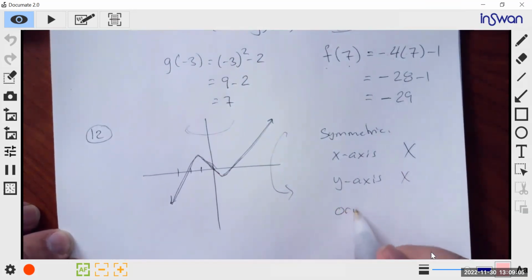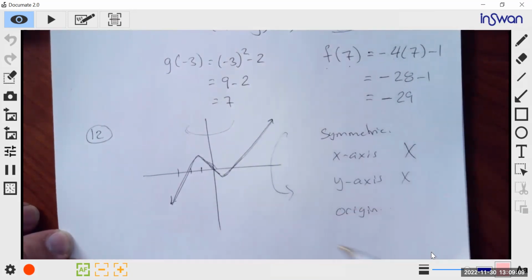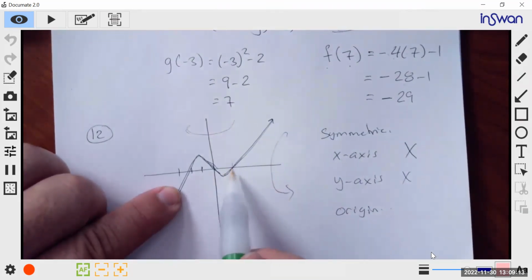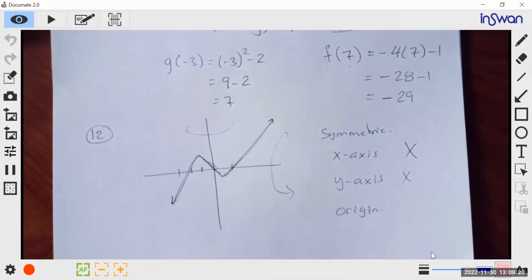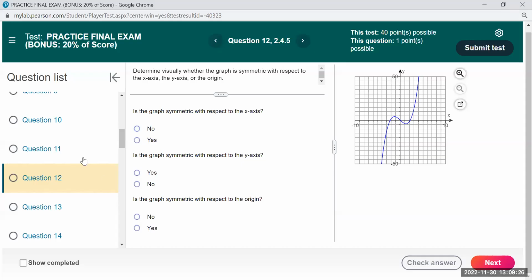No. And origin, if you flipped it both ways, would they be the same? No. First off, because this one goes out 2.5, this one barely goes out 1. So it's neither, it's none of them. So no, no, no.